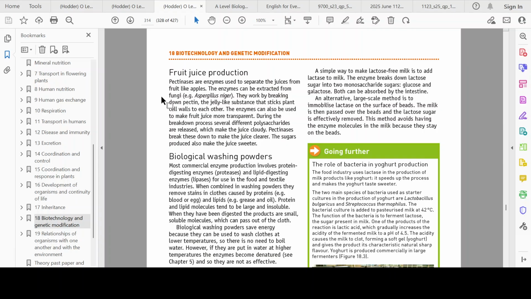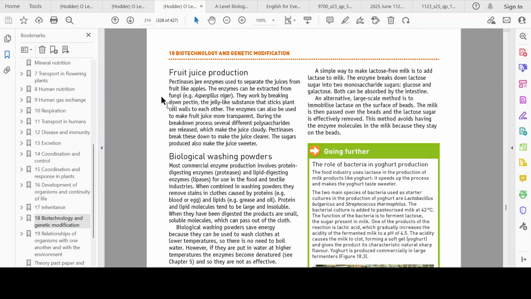molecules. And what that does is, because it is a carbohydrate, it makes fruit juice sweeter than you would expect fruit to be. Apart from the added sugars that are in juices, there's more sugar content. Remember that mono and disaccharides are called sugars.